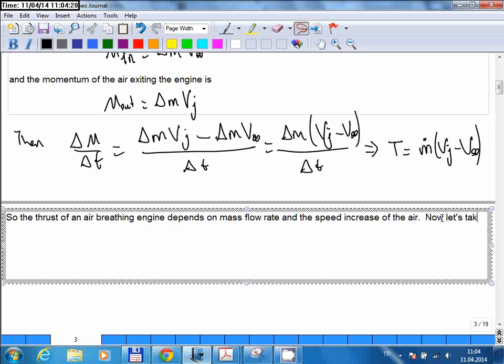Now let's take a look at the energy increase in the flow as air accelerates.